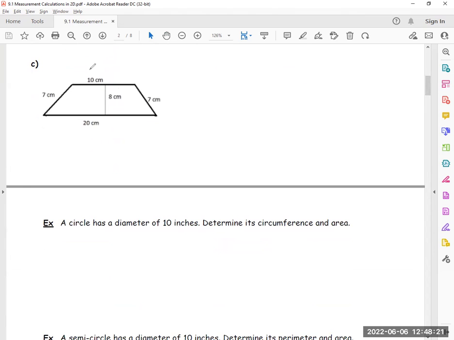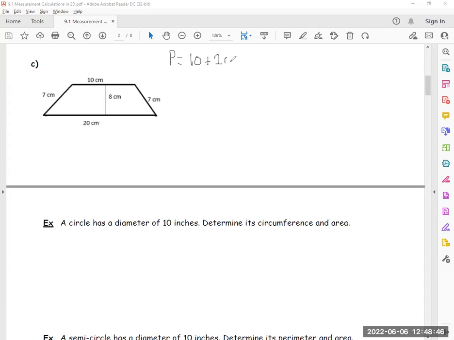What is the perimeter? Again, you could look at your formula sheet and try to memorize the formula. But let's pretend this is not there. What is the distance around? What would you add? Yep. So just give me the numbers.